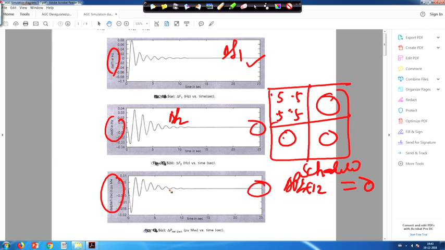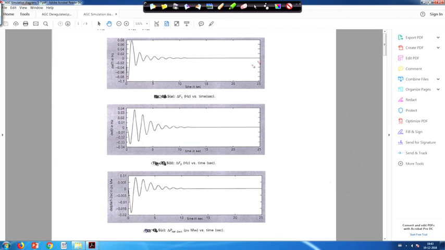That is why error and actual both will give the identical plot, and at steady state this is 0, because this is my 0 line. So, at steady state the frequency deviation in area 1, area 2 and the tie power deviation are 0.